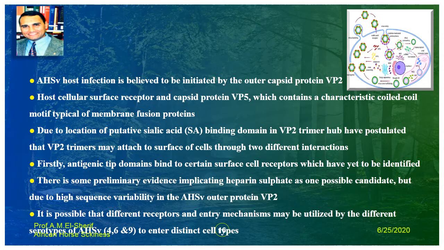Due to the location of the putative sialic acid (SA) binding domain in the VP2 trimer hub, it has been postulated that VP2 trimers may attach to the surface of cells through two different interactions.